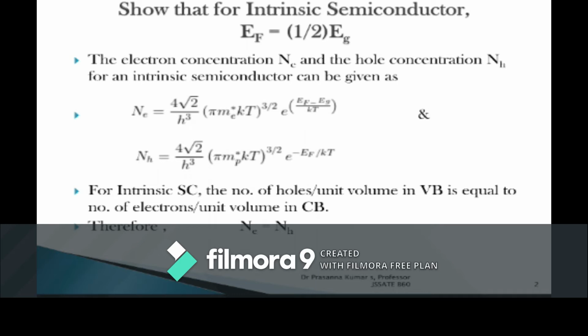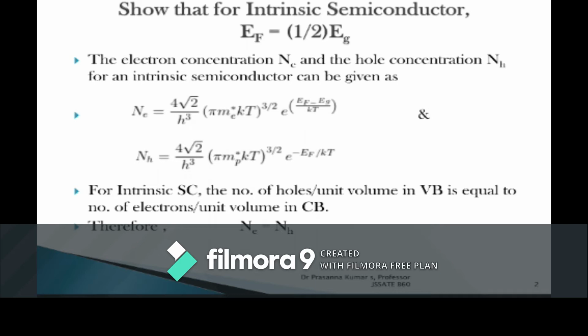If you count the number of electrons in the conduction band and the number of holes in the valence band, it is almost the same, because the electrons that left the valence band are going and occupying some levels in the conduction band. The electrons move from the topmost levels of the valence band, and they won't occupy the bottommost levels of the conduction band.